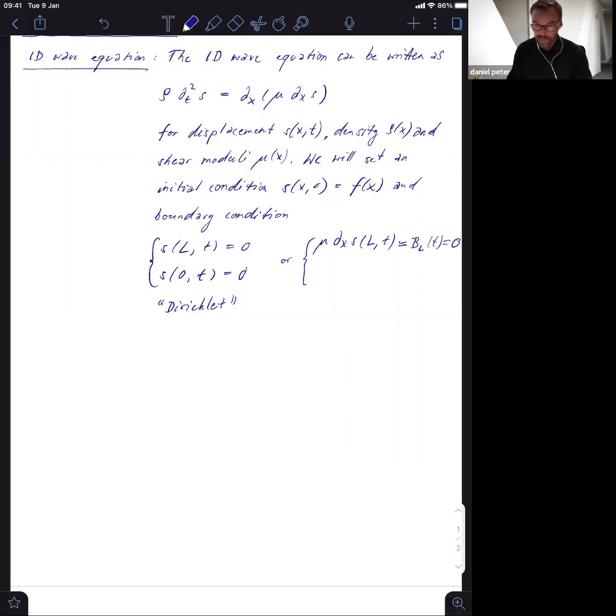Here we just set this to 0 as well, to make it a simple example. The same for the boundary at point 0. It could again be a boundary function, but we just put this to 0 as well. So this is the Neumann boundary condition.